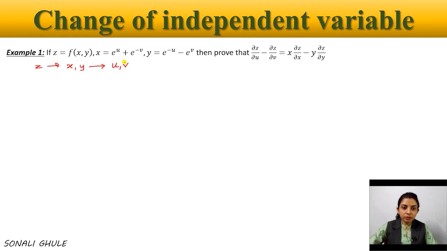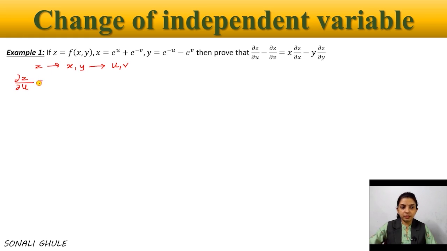According to the given part, this is actually the dependency. So from this I can derive a chain rule. Whatever example is given to you, you have to always write down the dependency, and from that dependency write down the chain rule and then solve the example. So see here, z is depending on x, y and x, y is depending on u, v. If I want to find the derivative of z with respect to u, I have to use this chain rule.